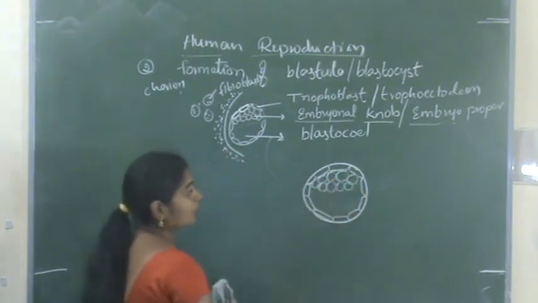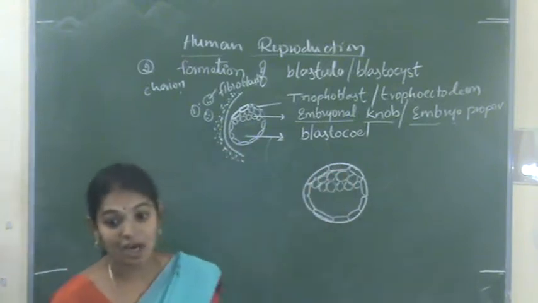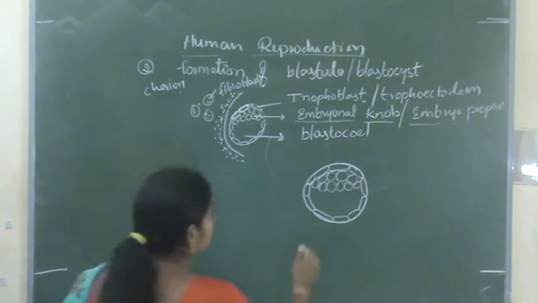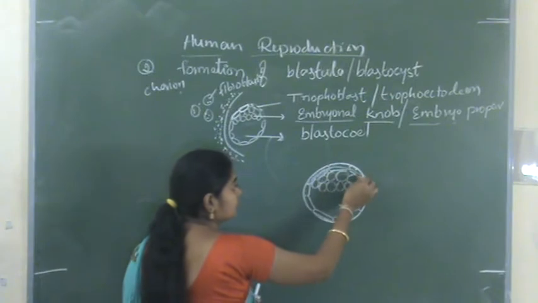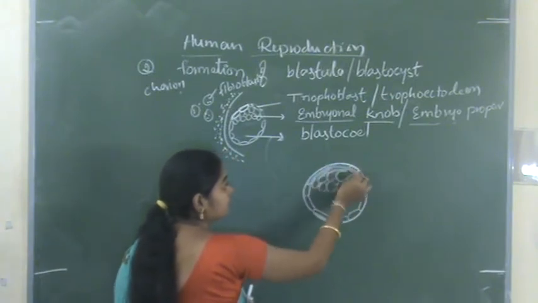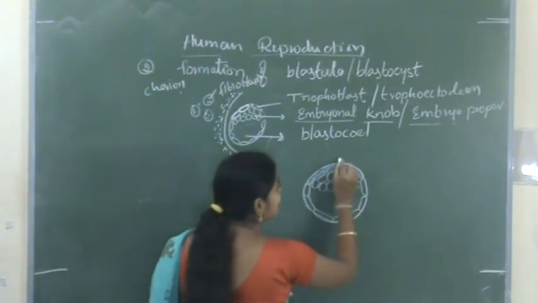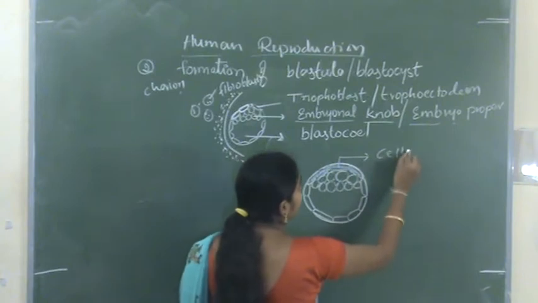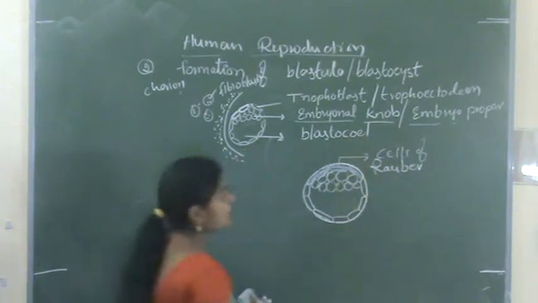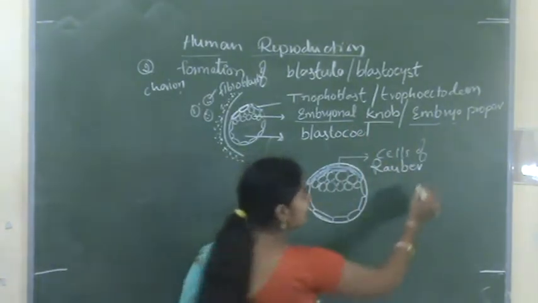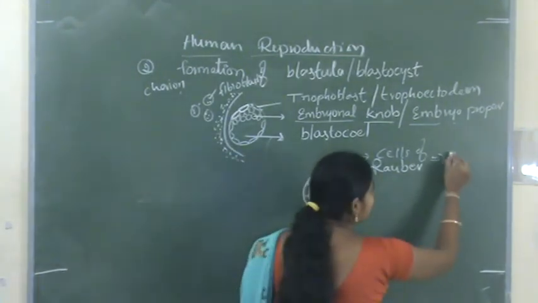This is the embryonal knob. And these cells which are in contact with the embryonal knob are known as cells of Rauber.